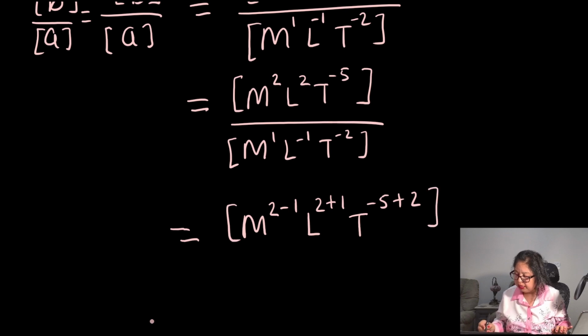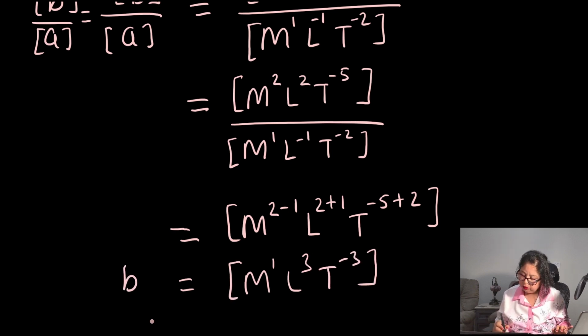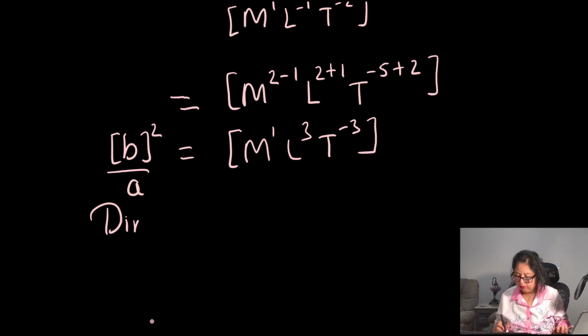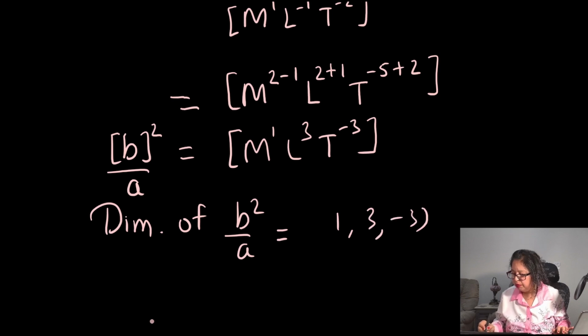Do you get this? M1 L3 T^-3. So this is the dimensional formula of B squared over A. So dimensions of B squared over A will be 1, 3, minus 3.